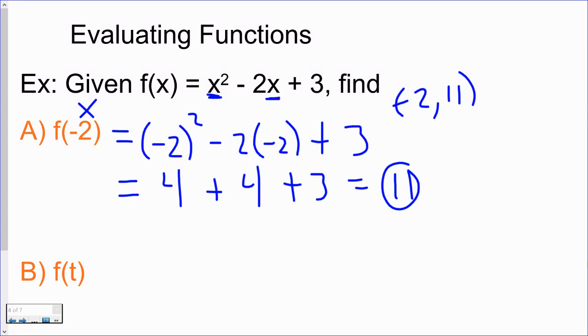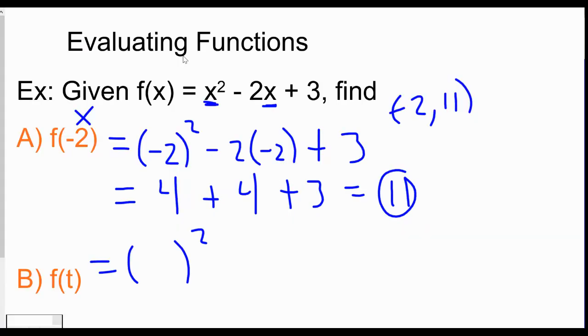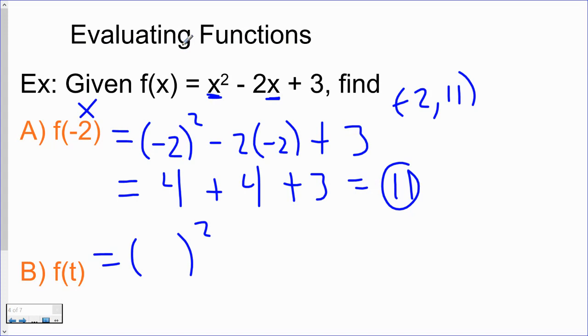Okay, f of t. This is just doing the same thing we just did. I'm going to replace my x's. Go back here, erase that. So in this case, I have that -2, and then parentheses, and then +3.